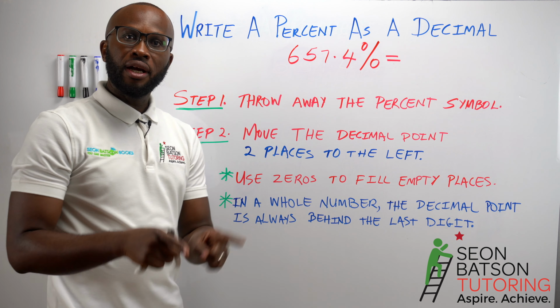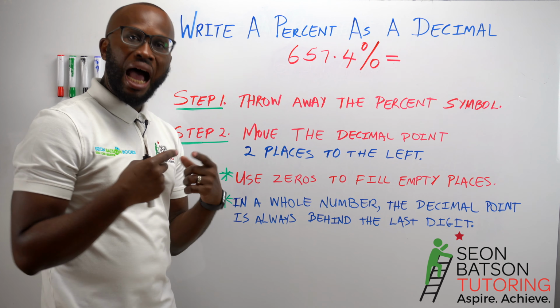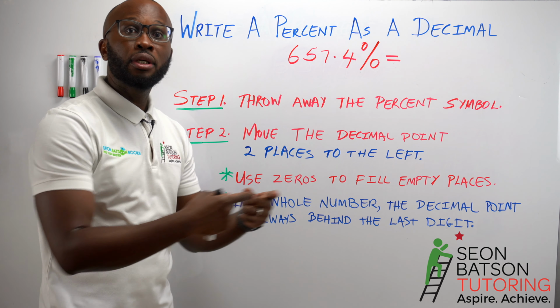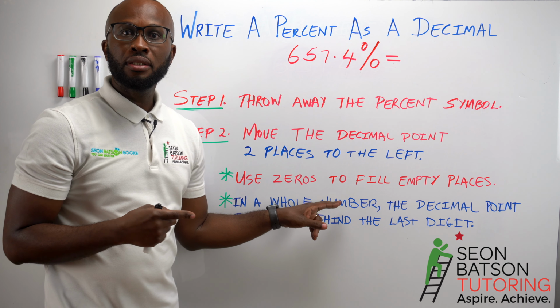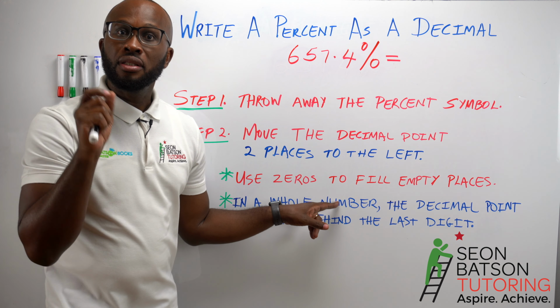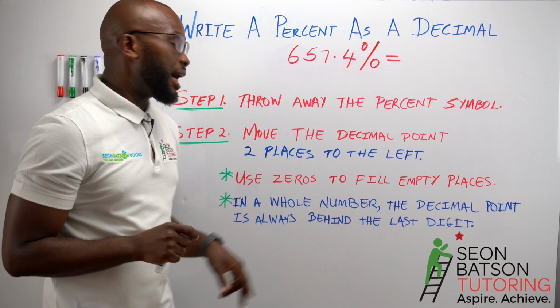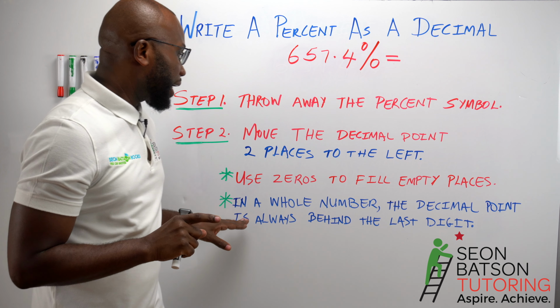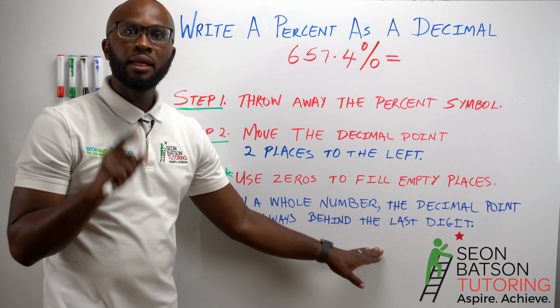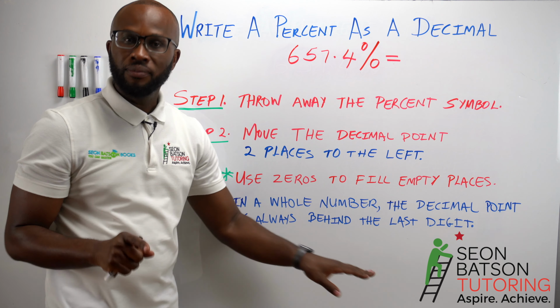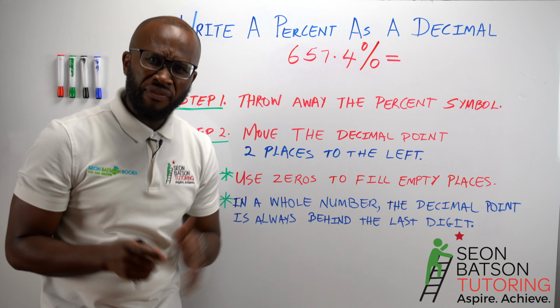Now, if there are any empty places after moving the decimal point 2 places to the left, we will fill those empty spaces or places with zeros. Yes? And just a reminder, in a whole number, the decimal point is always behind the last digit. So far, so good? Perfect.